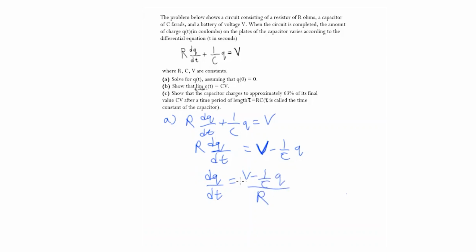We're going to move the part of this equation that has a Q over to the same side as dQ/dt. So multiply both sides by 1/C times Q.